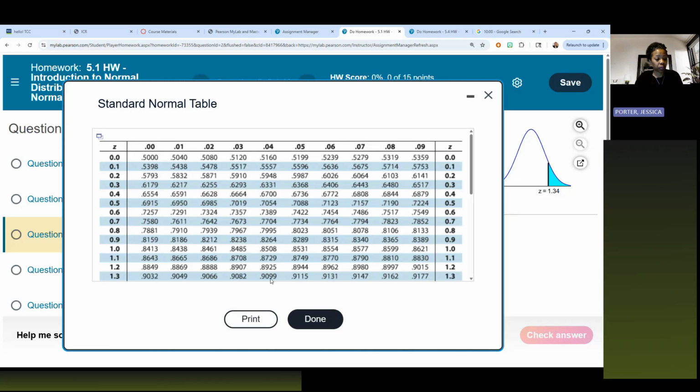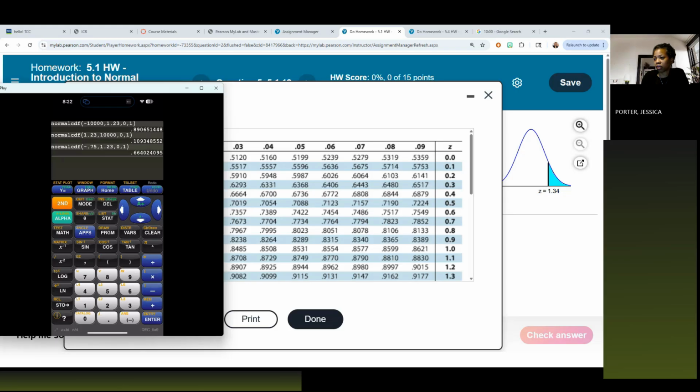And then, again, with the calculator, I'm just going to go back and pull this one because I'm looking for the area to the right. And I'm going to put in 1.34.